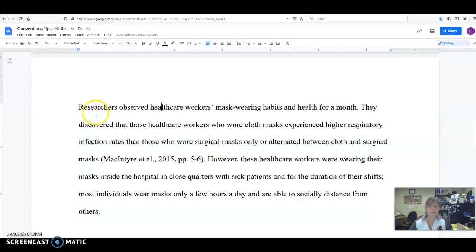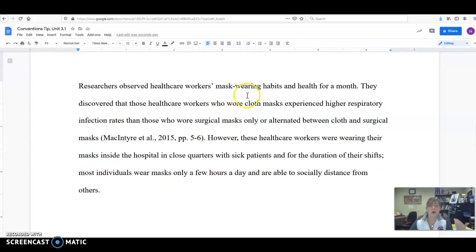So here we're talking about healthcare workers wearing cloth masks versus surgical masks in a hospital setting. So here we have healthcare workers, again, and again, right? It keeps popping up, and it pops up all throughout McIntyre's article.